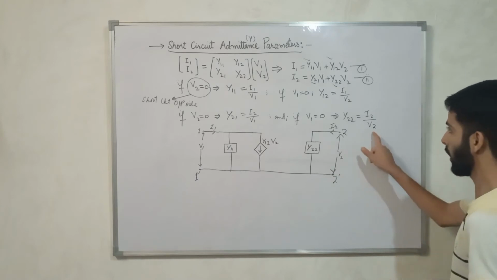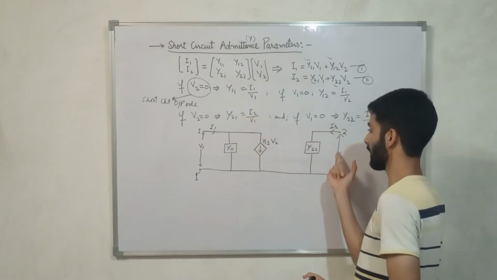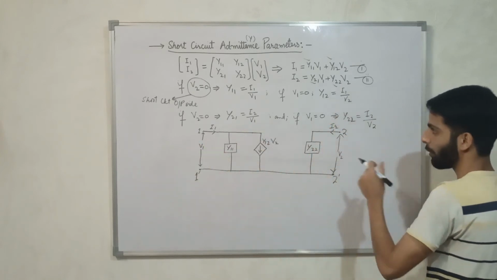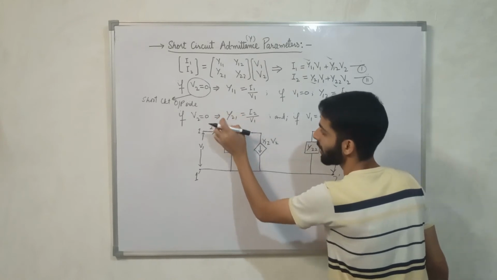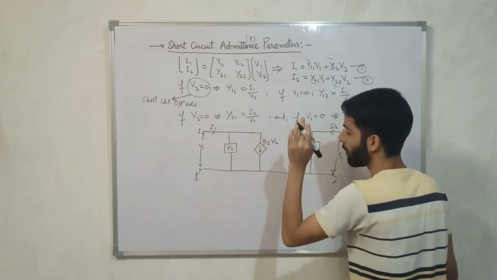Coming to this one, Y21, it has a voltage V1 which is not here. The voltage is located on the input side. So we would have to keep V1 along with it. And if voltage is combined with admittance, then it becomes a current source.